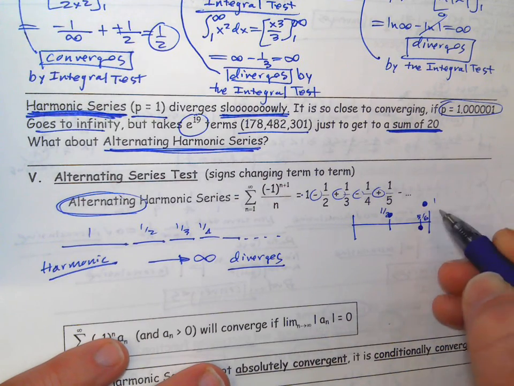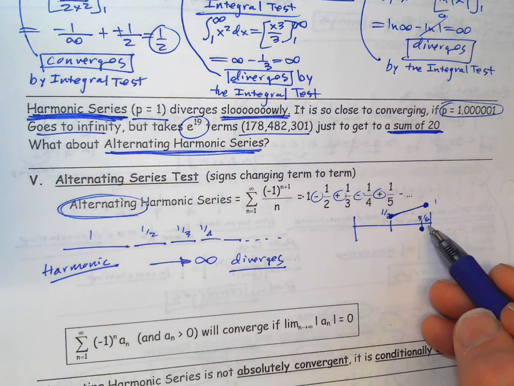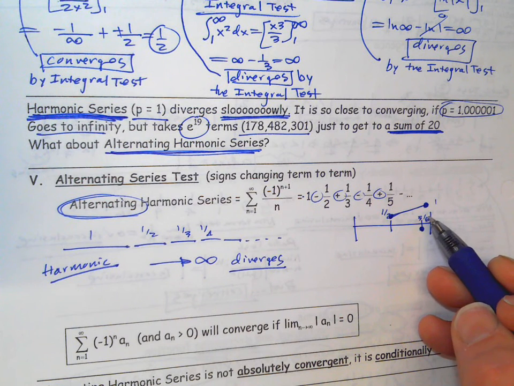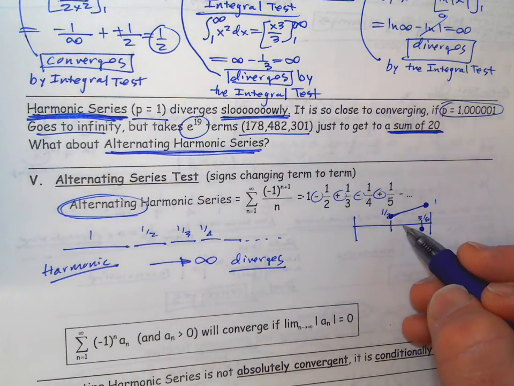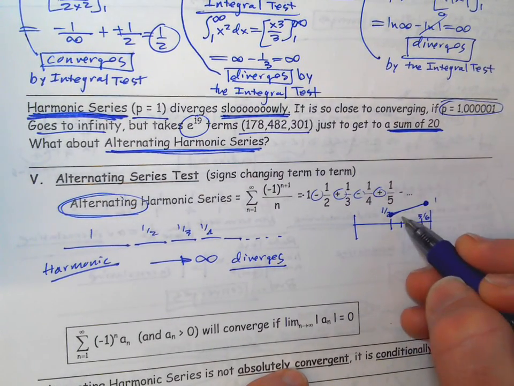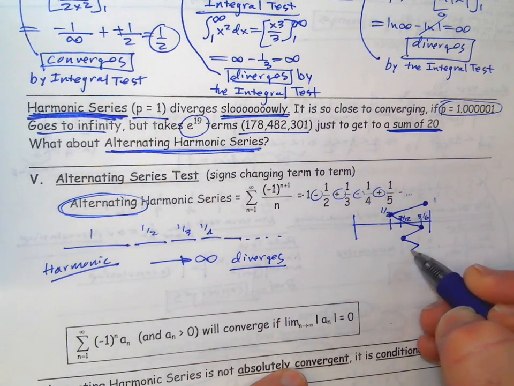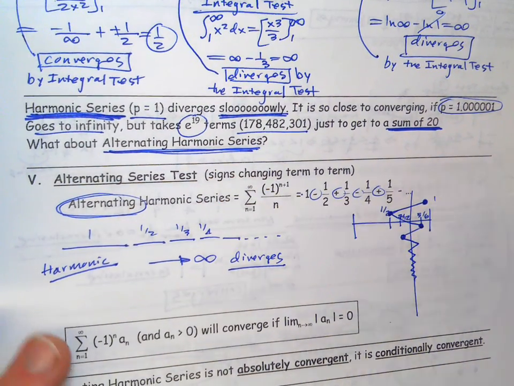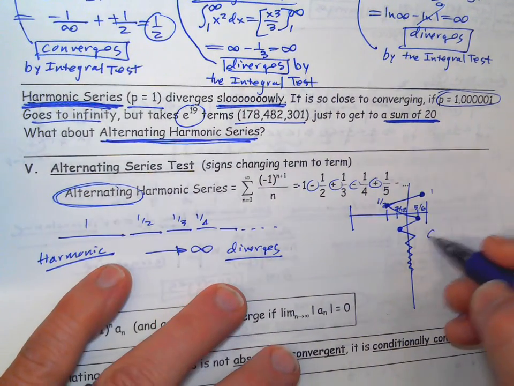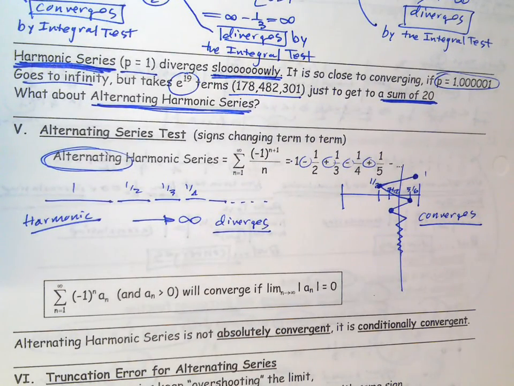I'm not going to bother to write all of these, but if we subtract 1/4 from this, that would be 20/24 minus 6/24, which is 14/24, or 7/12. So it's definitely bigger than 1/2. 7/12 would be the next one. And so we go back and forth, back and forth, back and forth. You can see, even just with the first partial sums, that it's converging to some value. This is just a visual version of it, but the alternating harmonic series converges.